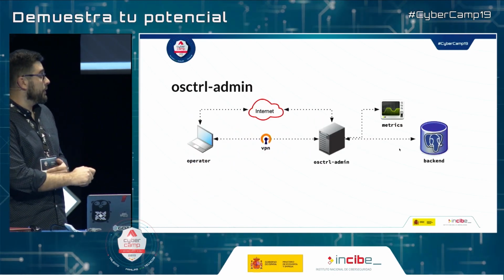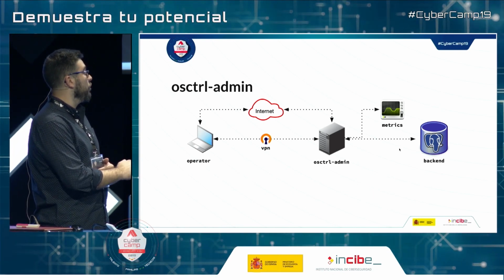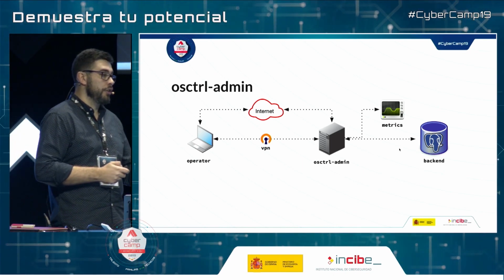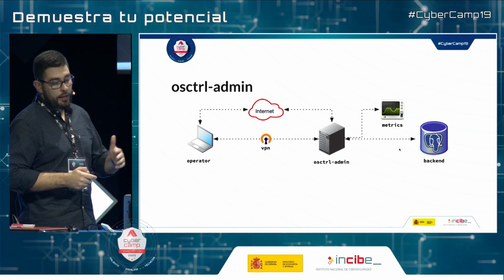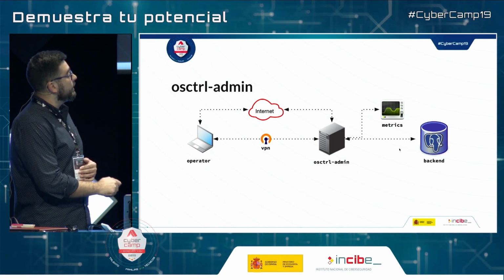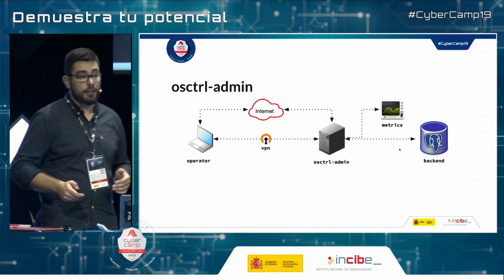Meanwhile, the administration service could be over the internet, but in actual fact, the operator would send it over the internet. It could be SSO, via SAML, whatever you use for your internet applications. But in actual fact, the access would be through a VPN.